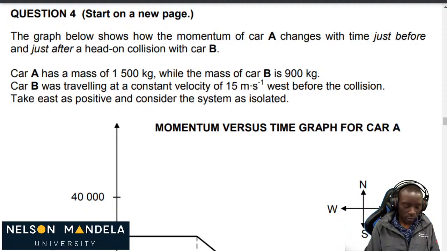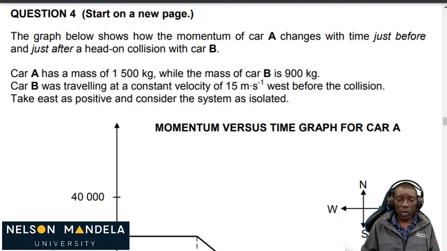Mass of car A is 1,500 kgs. Mass of car B is 900 kgs. The velocity of car B, VB, is 15 meters per second west. Take east to be positive, so the velocity is minus 15 meters per second. This is the deduction that you should be able to quickly do and go on.